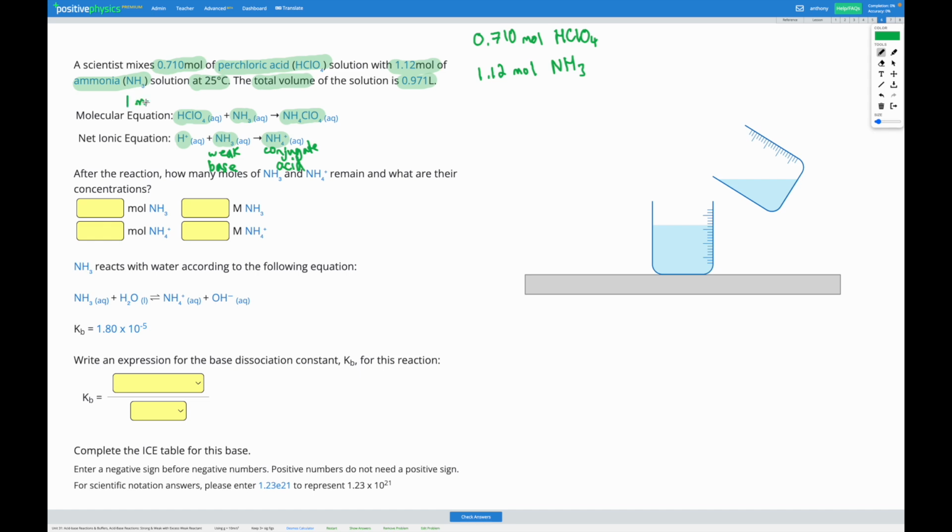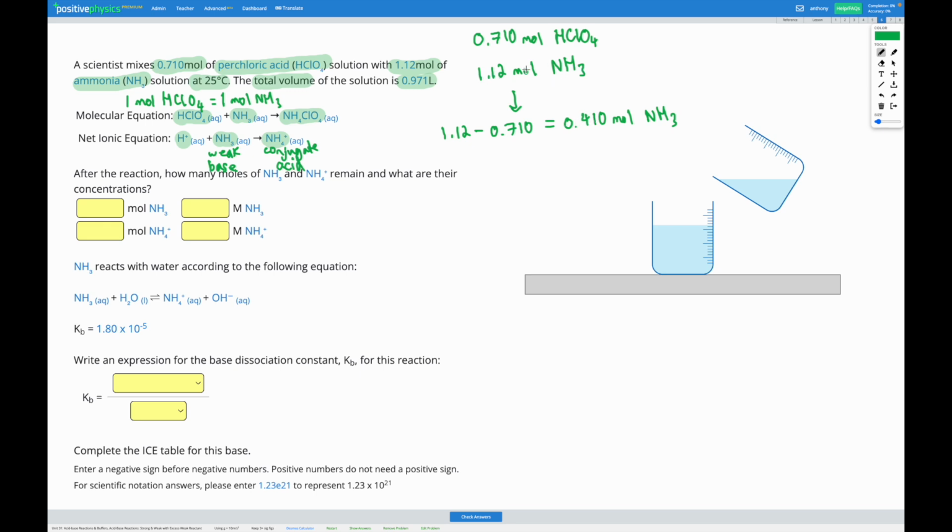We have 1 mole of HClO4 reacting with 1 mole of NH3. So since it's a 1-to-1 ratio, it's really easy to tell that 0.710 moles of the ammonia is going to be used up reacting with the perchloric acid. And we're going to be left with 1.12 minus 0.710, which is 0.410 moles of NH3 left at the end.